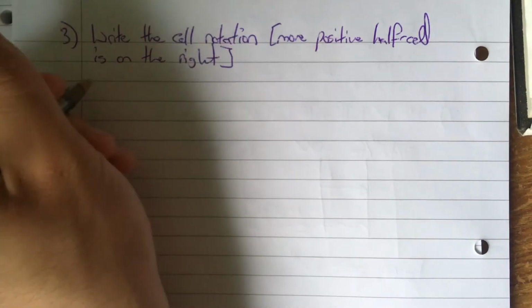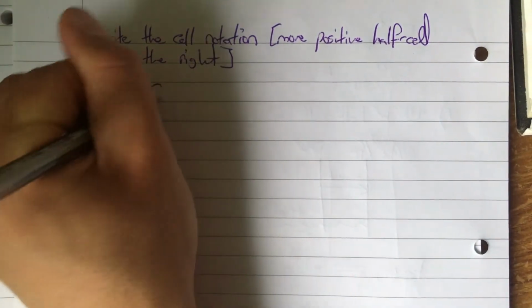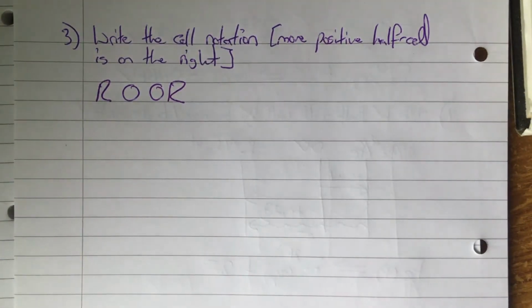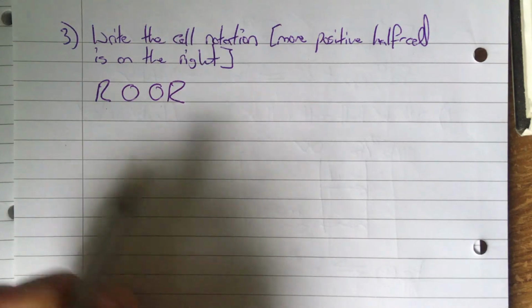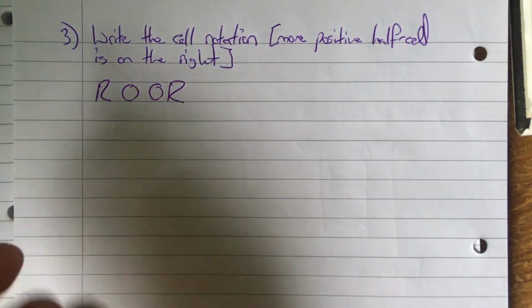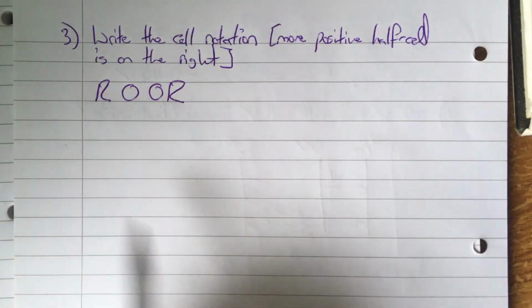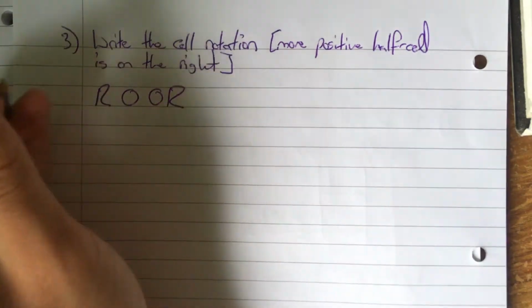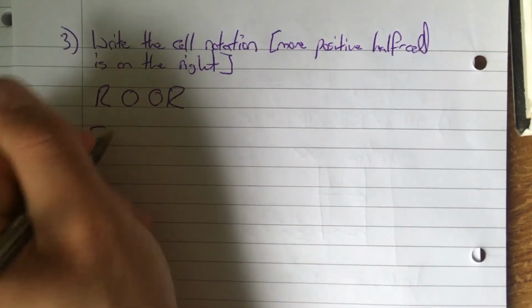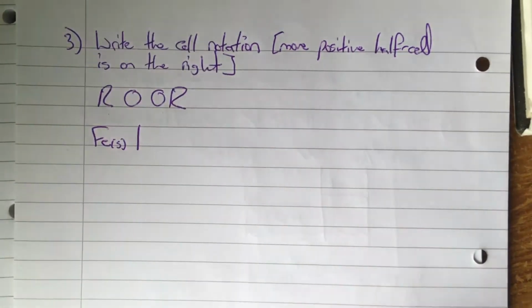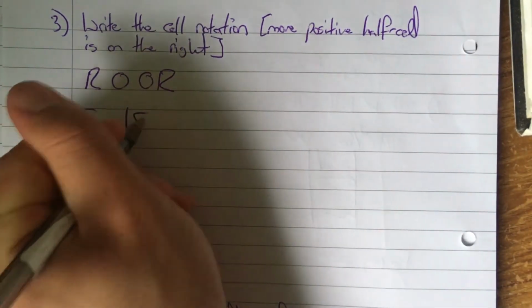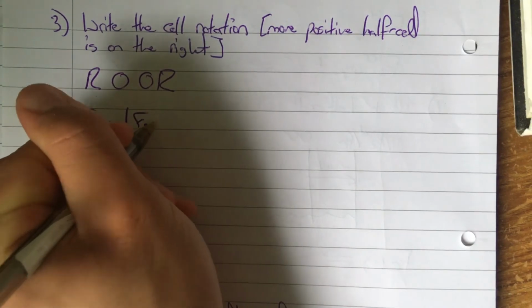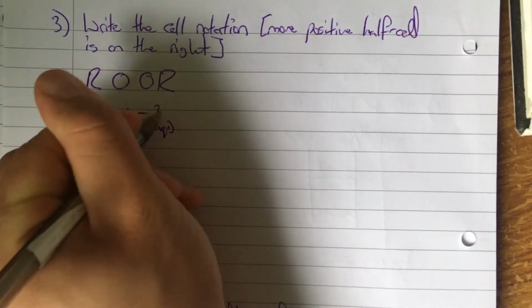So I know that the way we write our half cells is reduced, oxidized, oxidized, reduced. So in my more negative electrode, I've got my Fe solid in a mixture with a solution of Fe2+ aqueous ions.